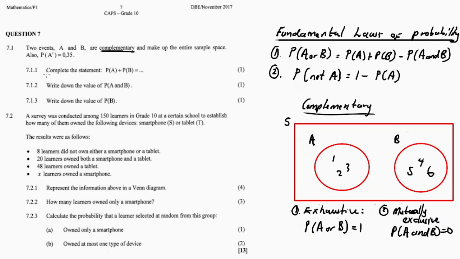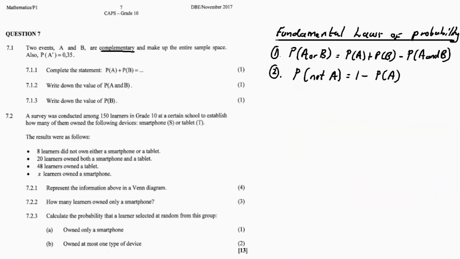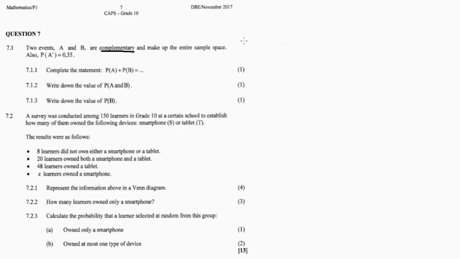So 7.1.1, complete the statement. What's the probability of A plus B? So you answer using the fundamental laws. 7.1.1, the probability of A or B is equal to the probability of A plus the probability of B minus the probability of A and B. Why am I using this formula?